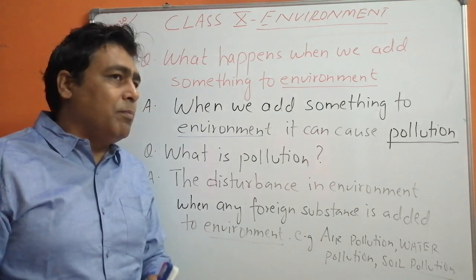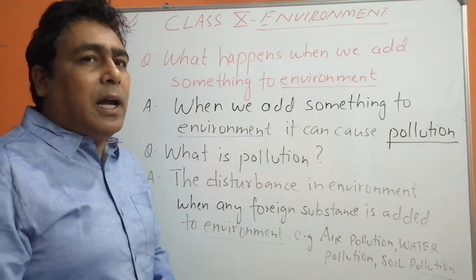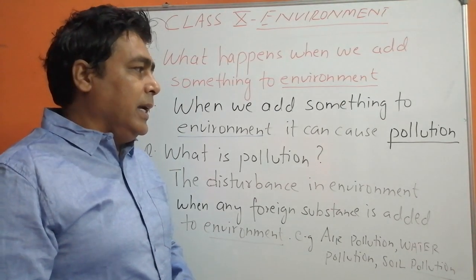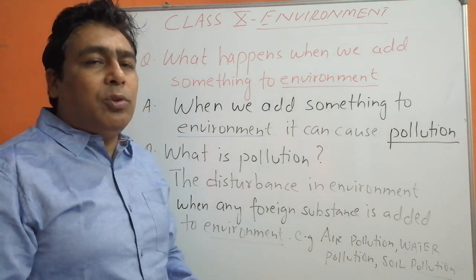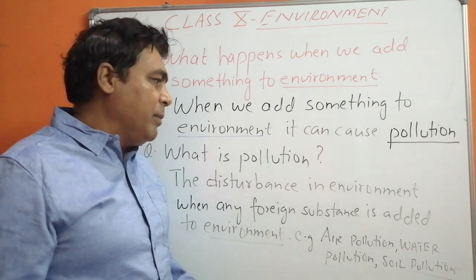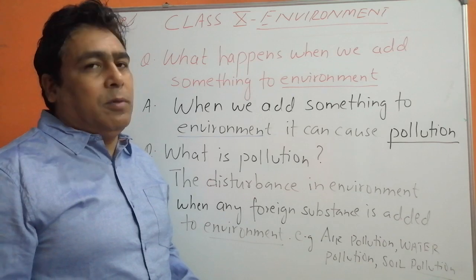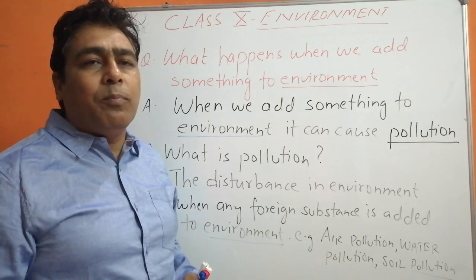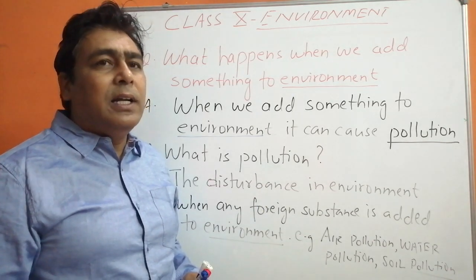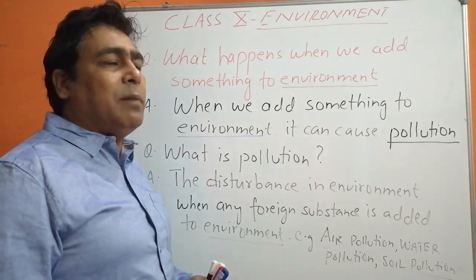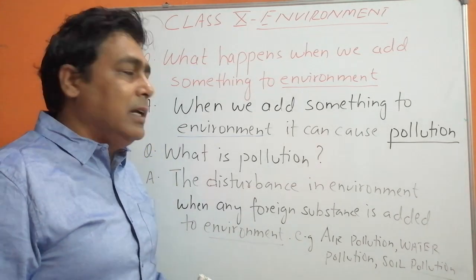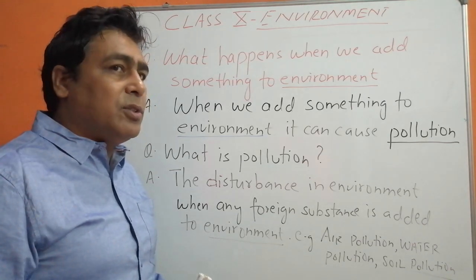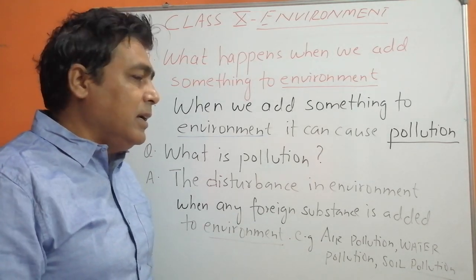And as man has developed and is making new things, those can be harming to the environment, because we consume a lot but we also waste a lot, and whatever we leave out goes back into the environment.